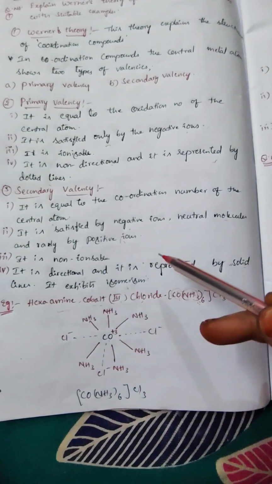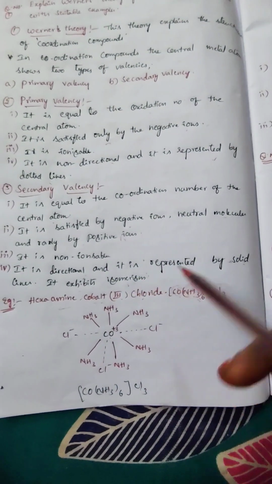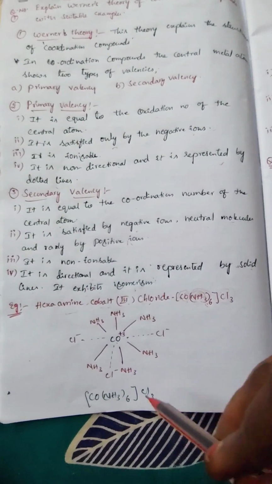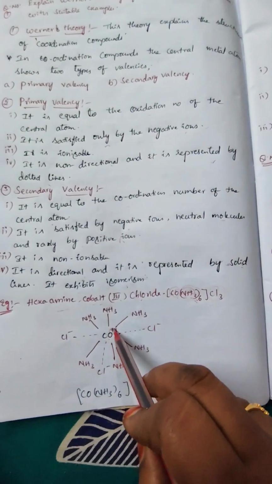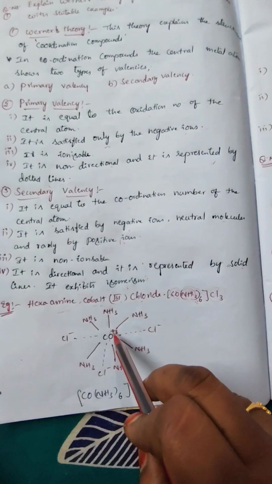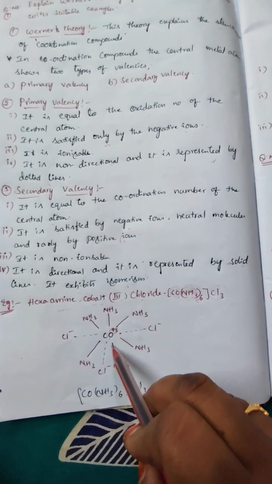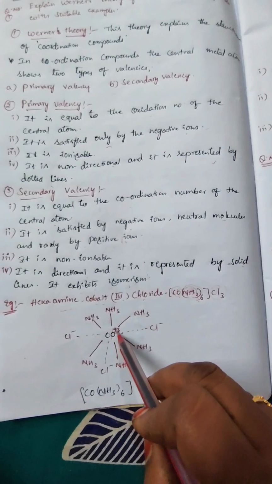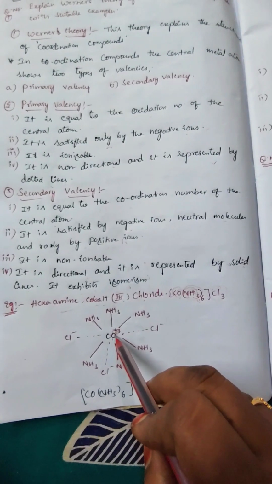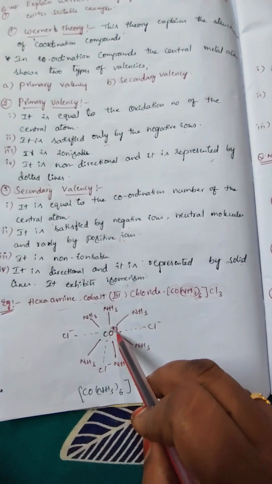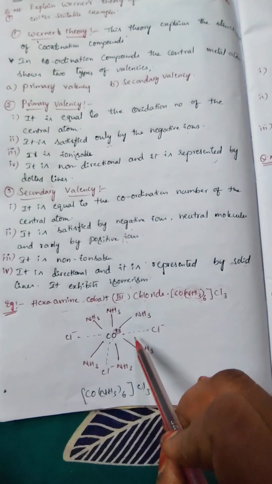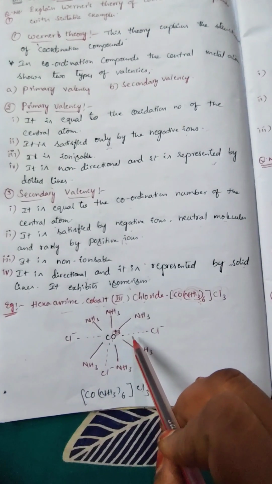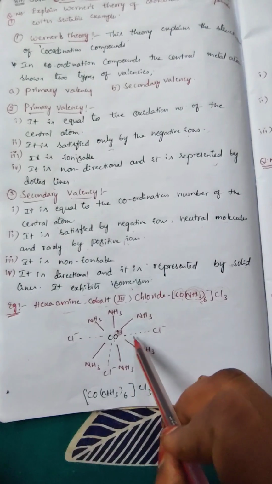Once you observe the structure, this is the central metal atom, which has two valencies: primary valency and secondary valency. As we said before, primary valency equals the oxidation number, so Co plus 3 is the oxidation number of this central metal atom. The primary valency of the central metal atom is plus 3, and it is represented by dotted lines.